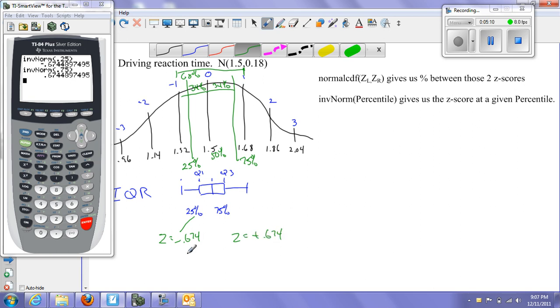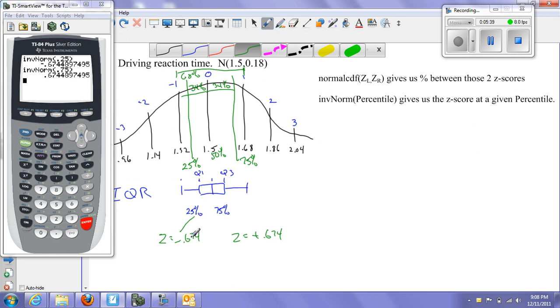It's not surprising that one is positive and one is negative but it's the same number, because I'm going 25% this way to get to 25%, and 25% that way to get to 75%, from my median of 50. I'm trying to find the exact same distance from my mean either way, so they're opposite numbers.